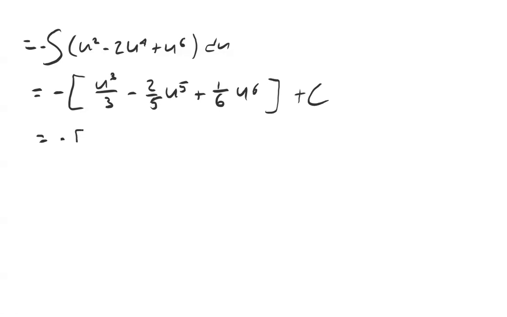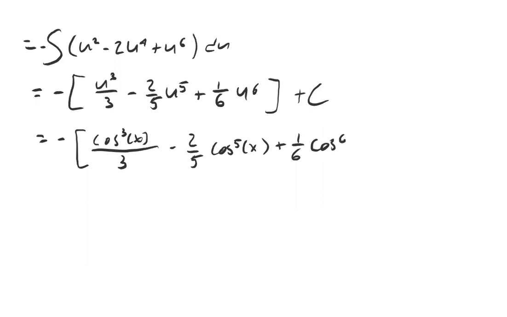So this is minus cosine cubed of x divided by 3 minus 2/5 cosine to the fifth of x plus 1/6 cosine to the sixth of x plus c.